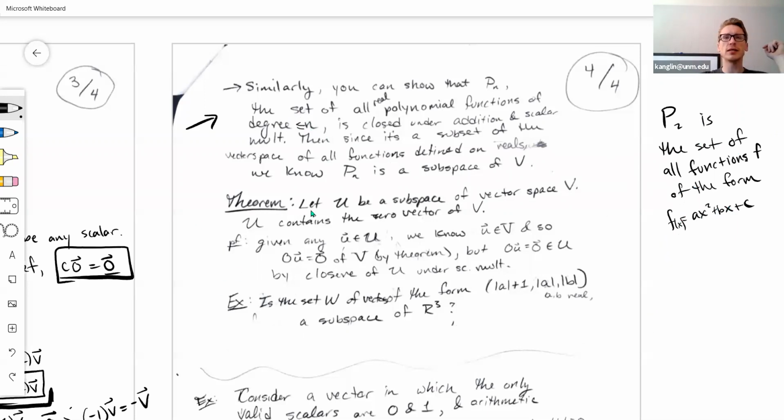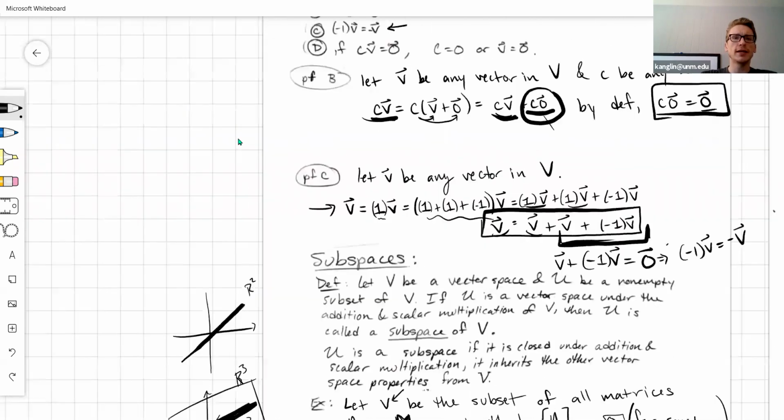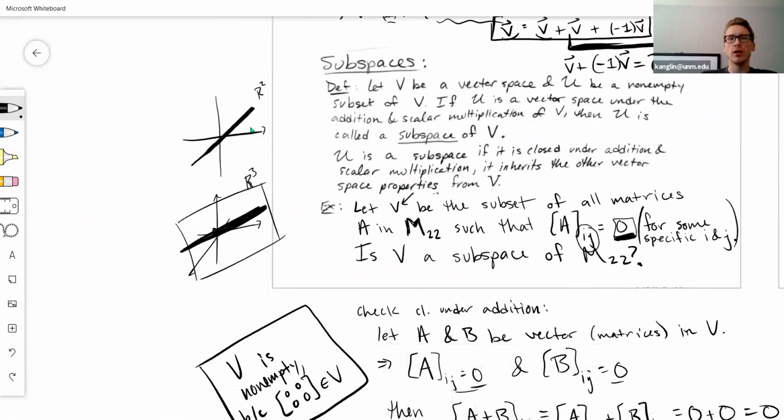So this theorem here says if we let U be a subspace of a vector space V, then U contains the 0 vector of V. And this isn't maybe too astounding to us, but maybe it gives us back this sort of picture again, right? If I've got R2, a two-dimensional vector space like Rn, then we already saw a subspace is a line through the origin, but it will always contain the origin of this bigger set.